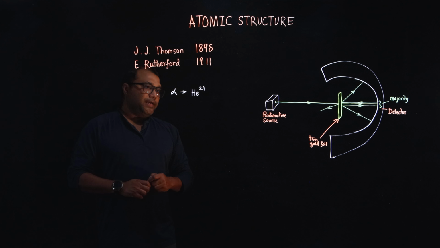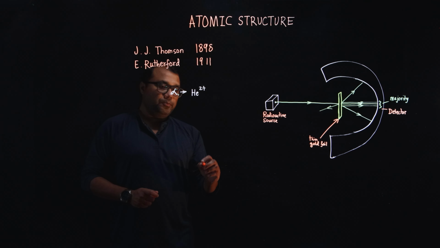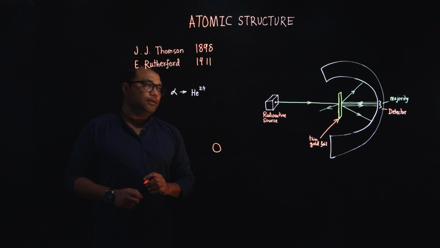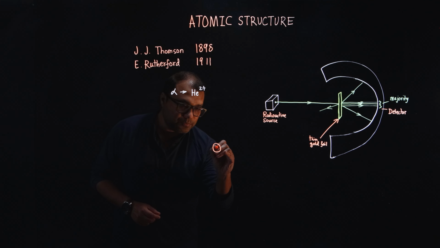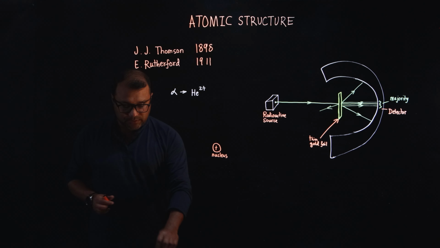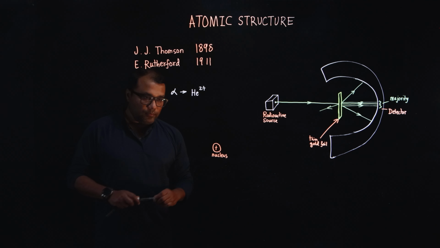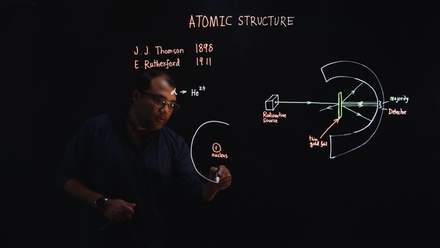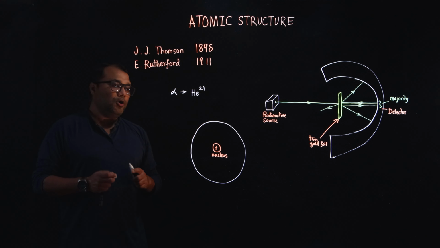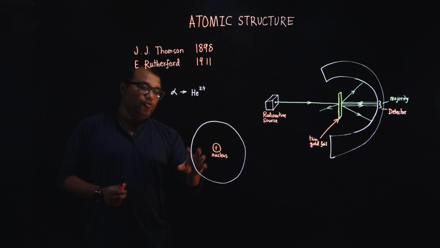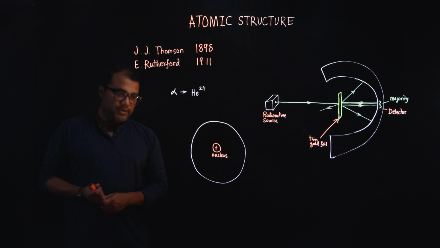So the only way to explain this was Rutherford proposed that there is a very concentrated nucleus which is positively charged. Most of the mass resided in the nucleus, and the electrons were in a cloud, were in orbits around the nucleus. So which means most of the atom is empty space.